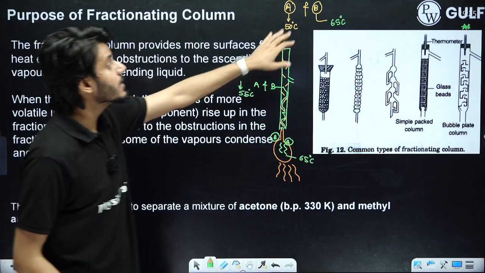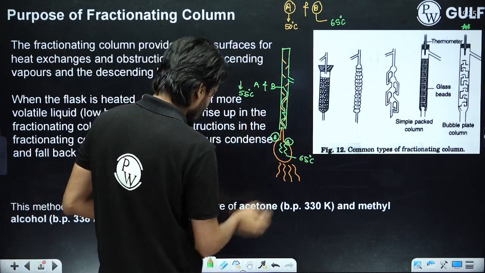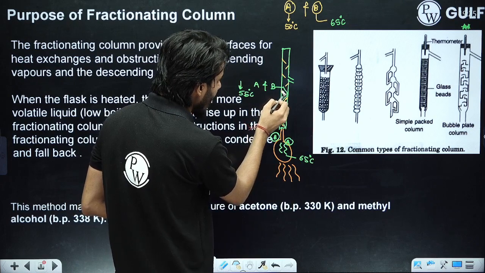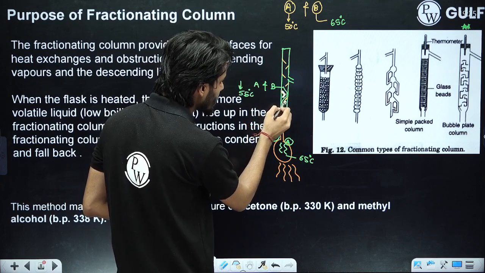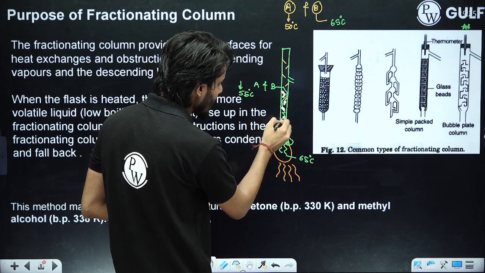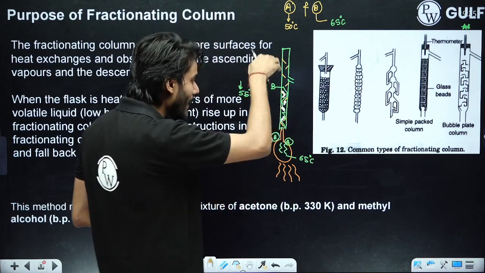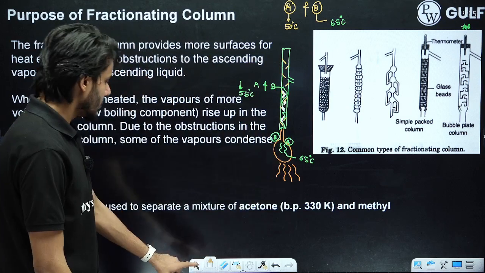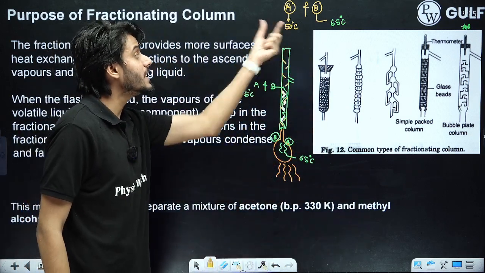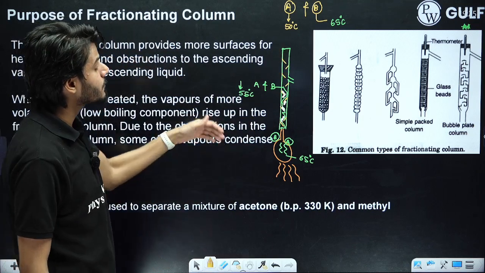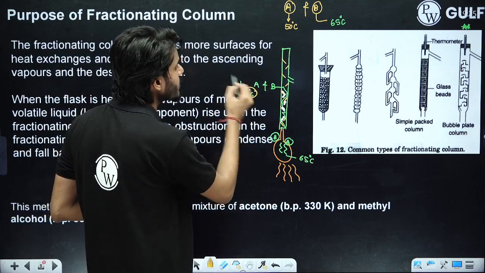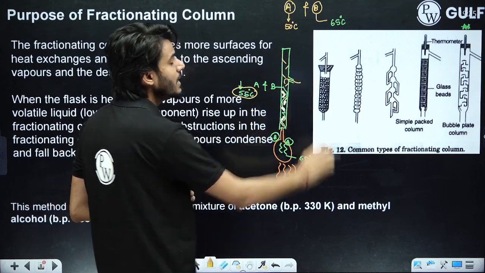It will again get condensed, stick to these obstacles and condense back, because the temperature decreases. So it will get condensed back into the liquid form and come back to the beaker. And the other one, the A, whose boiling point was 50 degrees Celsius, even after the temperature decreases to 55 degrees Celsius, will remain in the vapor state and pass into the Liebig's condenser.